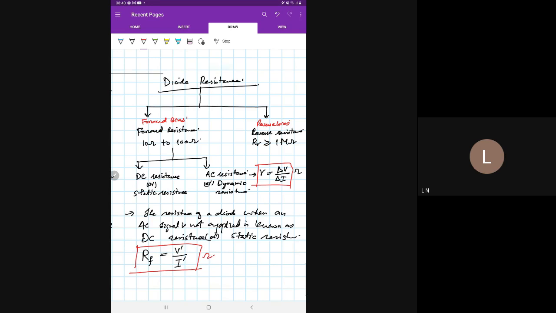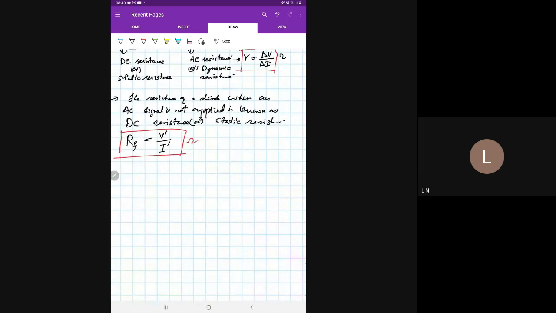So at any point, we can measure this forward resistance or static resistance of a diode from the VI characteristics. If this is the VI characteristics of diode, you have I on y-axis, V on x-axis. Up to cut-in voltage, there will be no conduction, but after that, the current will exponentially increase.